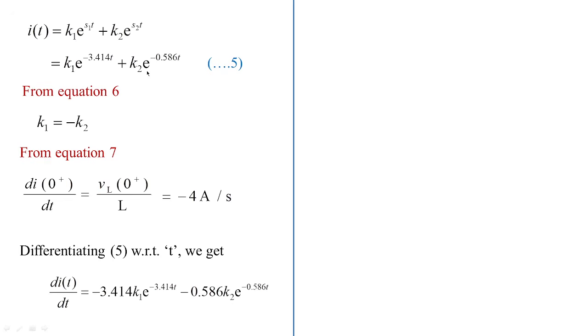Similarly, differentiation of e to the power of minus 0.586t will be equivalent to e to the power of minus 0.586t multiplied with minus 0.586. So this is how we have framed equation 8 from equation 5. Is this clear?